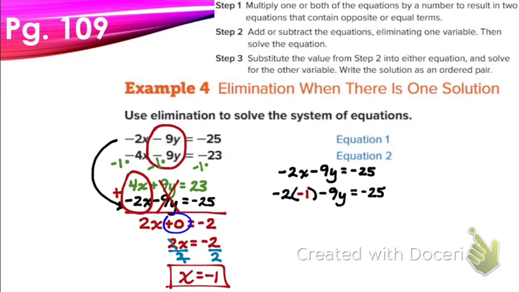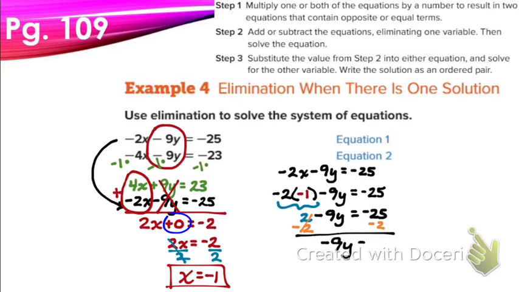What is negative 2 times negative 1? Positive 2. So I have 2 minus 9y equals negative 25. What's my next step if I'm trying to get y all by itself now? Minus 2 from both sides. What is negative 25 minus 2?